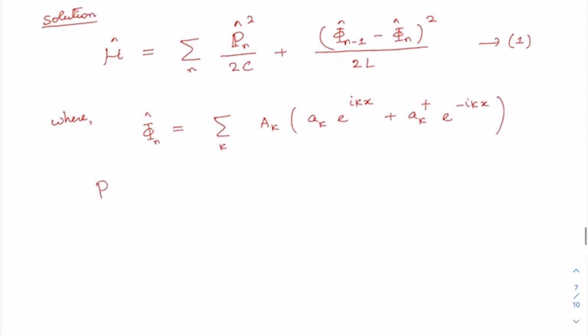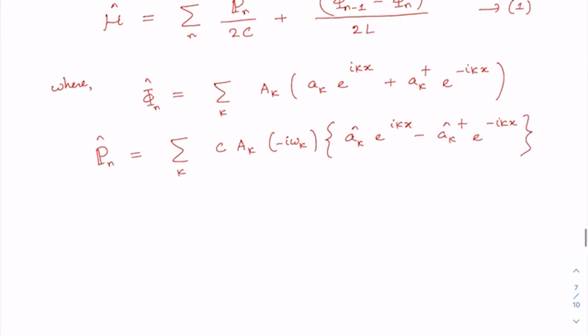And the momentum pn is equal to sum over k of C into (minus i omega k), where omega k is the angular frequency of the kth mode, times (ak e to the power ikx minus ak dagger e to the power minus ikx).